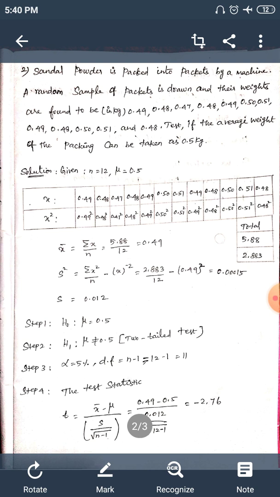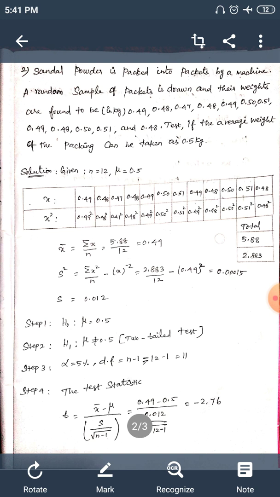The formula for s square is summation of x square divided by n minus x bar the whole square. Here summation of x square is 2.83 from the table, divided by n equals 12, minus x bar, 0.49, the whole square. Substituting, the value is 0.00015. Taking the square root, s equals 0.012.